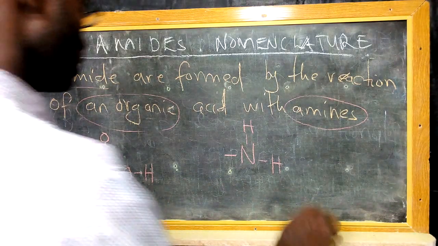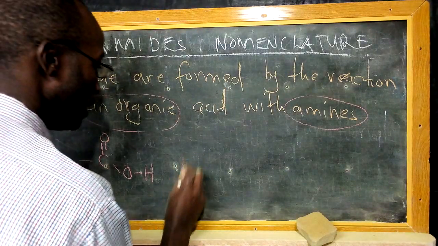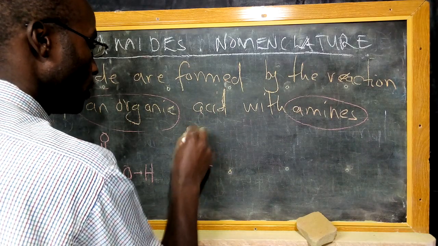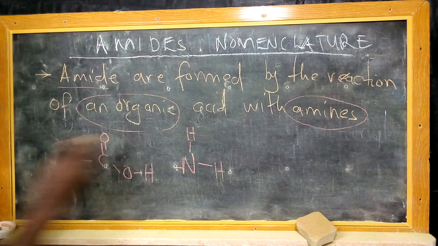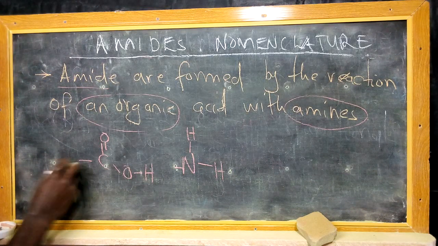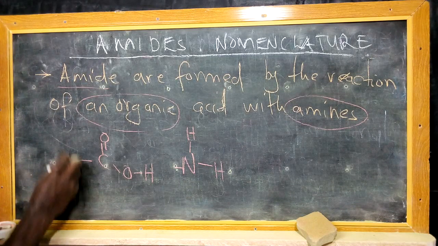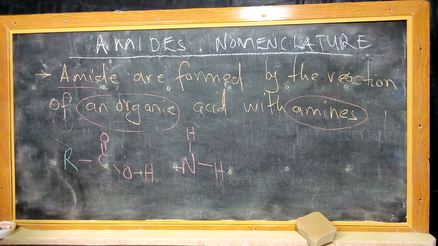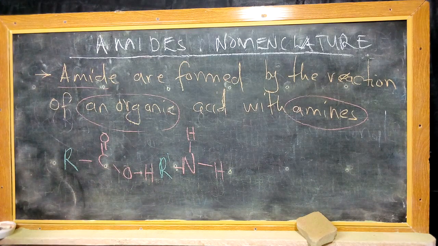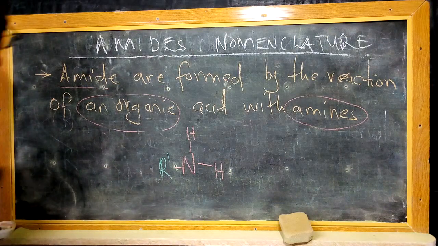So let me push this one near here so that we can have NH. This is a radical at this point, and this is another radical at this point. So maybe I can indicate it using this so that we can see the picture. This is a radical R, and this is a radical R prime, differentiating the two. I can push this one behind so that we get enough space.